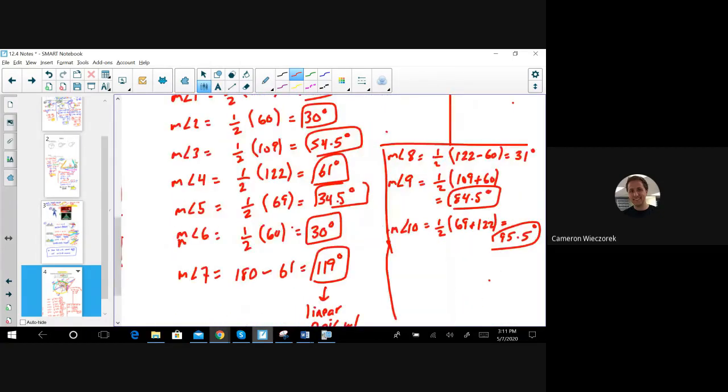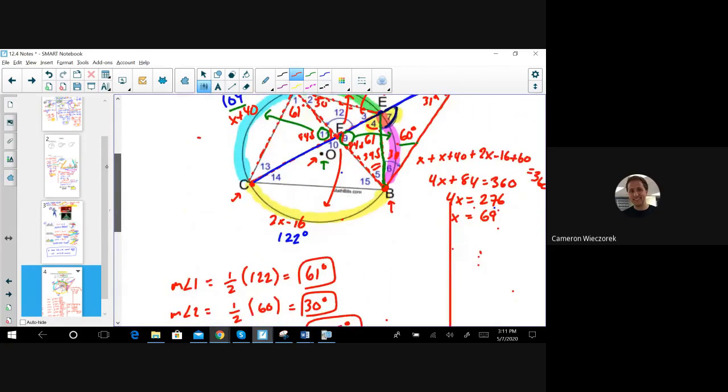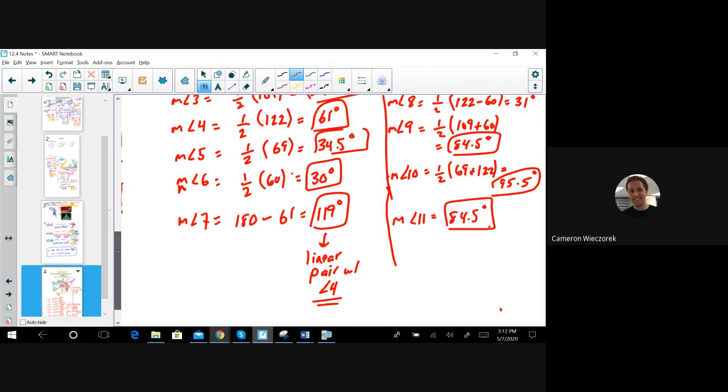I'm going to stop labeling them in the picture. It's going to get too complicated. Angle 11, we already said it's vertical to angle 9, so we already know angle 11 is also 84.5, just like angle 9. The more angles you solve, the quicker they get later on, because chances are it's going to be one of the same values you already found.